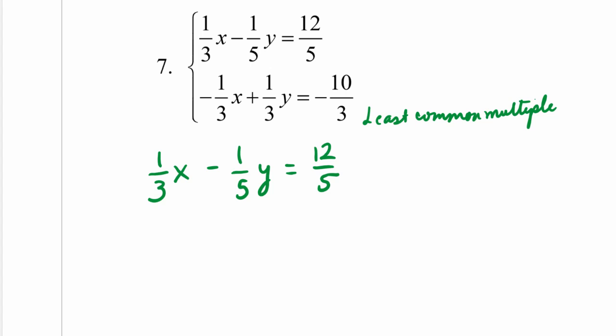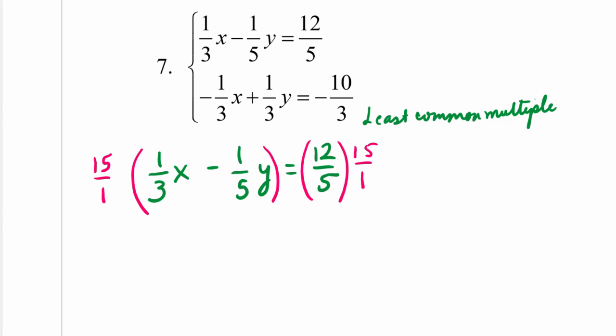So in this particular first equation, we're going to multiply everything, both sides of the equation, by 15 over 1. So that's what I'm doing here. Notice how I'm going to write my 15 over 1 on both sides of the equation. And you want to watch for that, because I will sometimes see my students multiply the left side of the equation by the least common multiple, but they'll forget the right side.